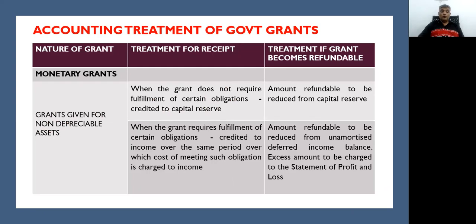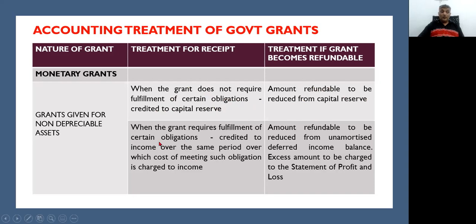And what happens if you don't comply with certain obligations? For some reason, if that grant becomes refundable, even though we say it does not require fulfillment of certain obligations, by and large it will be taken to the capital reserve. But in an odd situation, when that grant becomes refundable, then we need to reduce it from the capital reserve, which means we have to debit capital reserve.